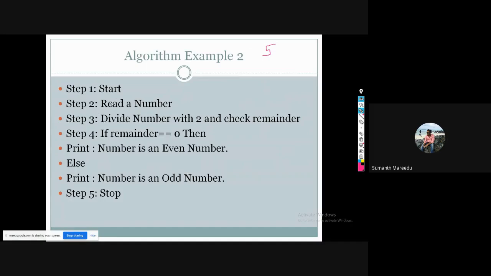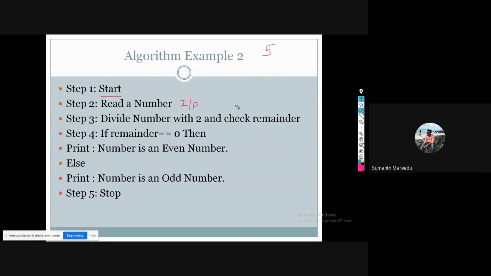So first look here, I'll say start, the first step by default is start, and this is my input part. So what is my input? To read a number from the user, get a value from the user, get a number from the user.